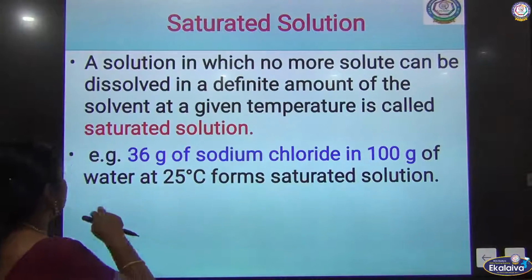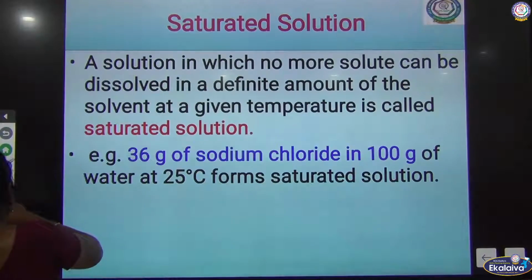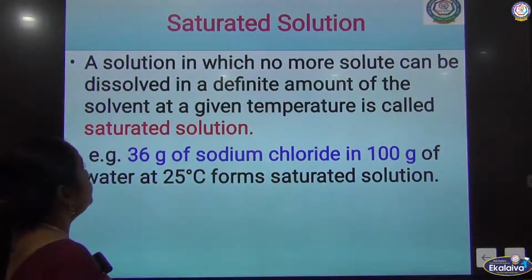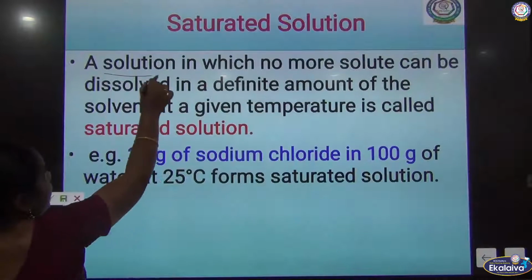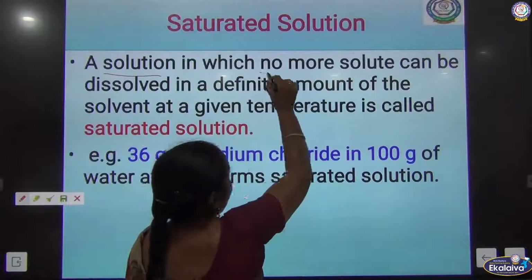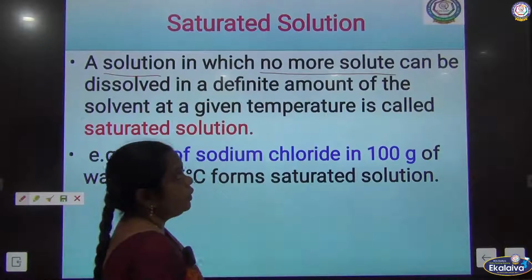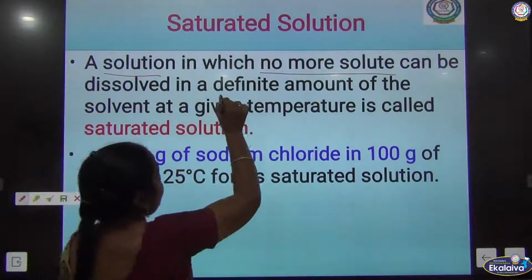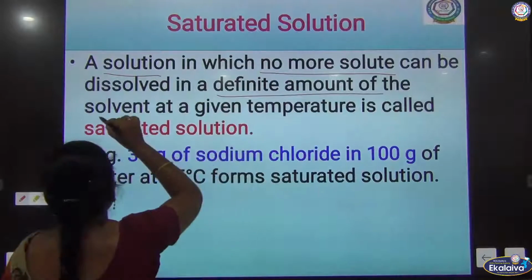Now we are going to learn about the saturated solution. What is meant by saturated solution? In a saturated solution, we cannot add any more solute particle to a definite amount of solvent.